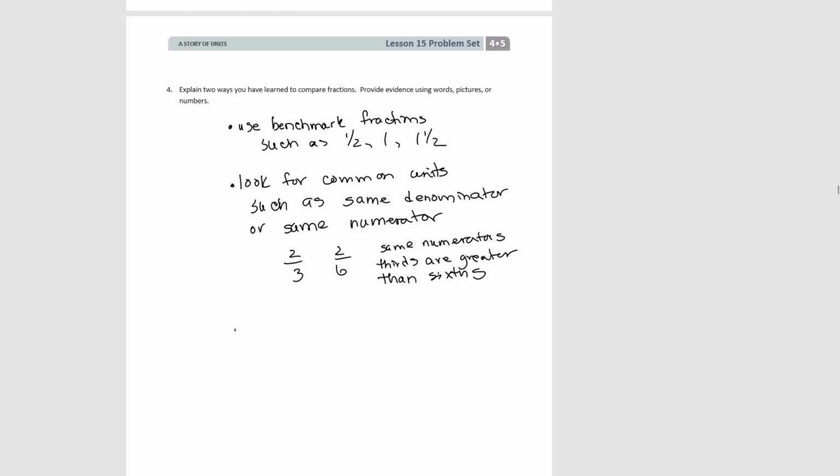And another thing I could do is I could construct common units by multiplying.